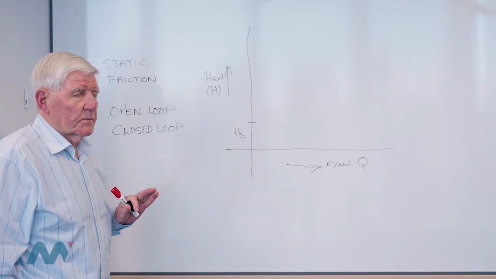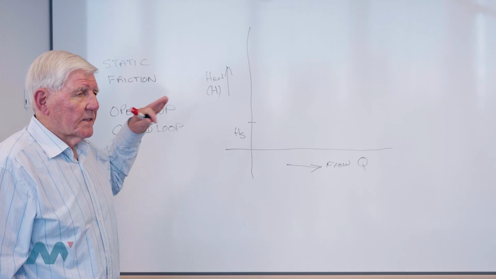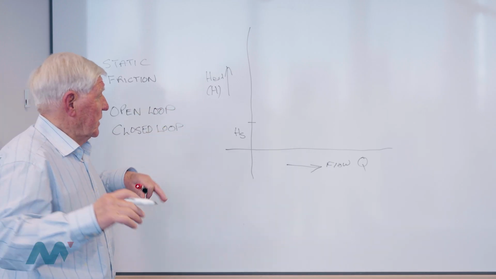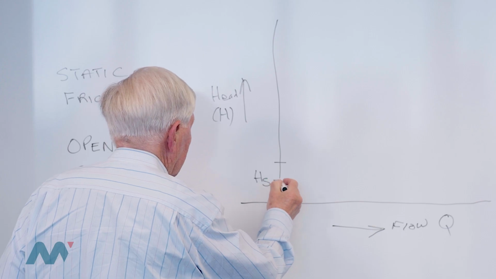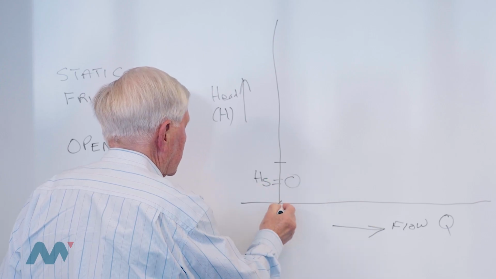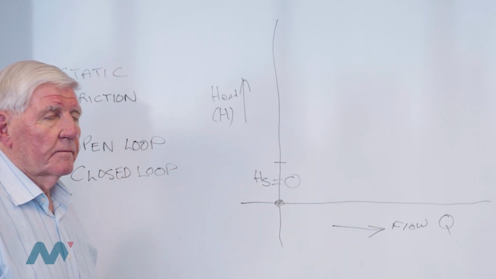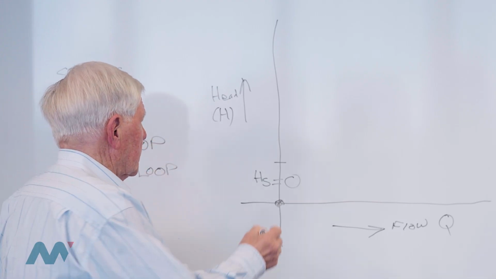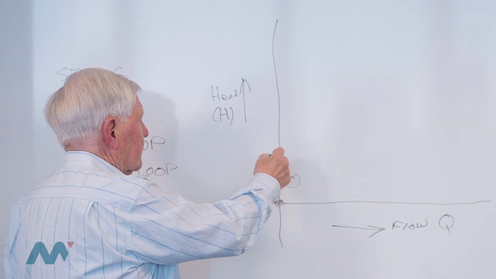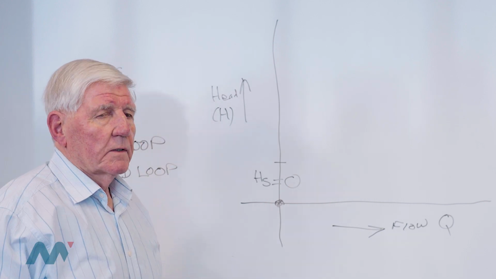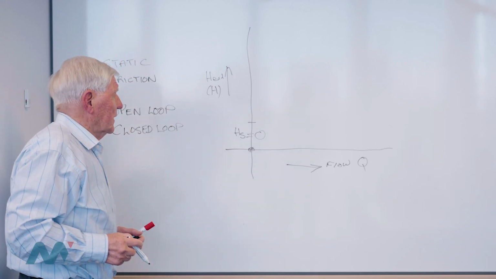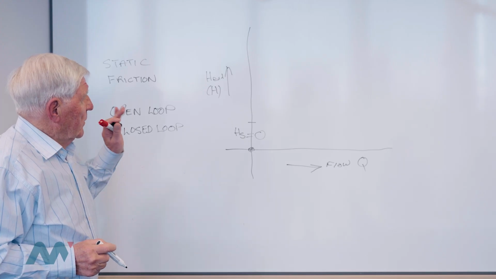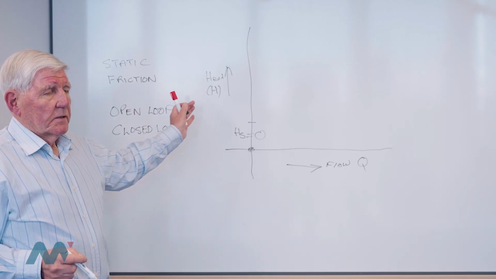In a closed loop system, the static suction head is identical to the static discharge head. So HS in a closed loop system is zero. So your starting point is here. In an open loop system, it's the differential between the surfaces, and that can be anything from zero to the geography of the location that you're working. Okay? So that's our static situation.